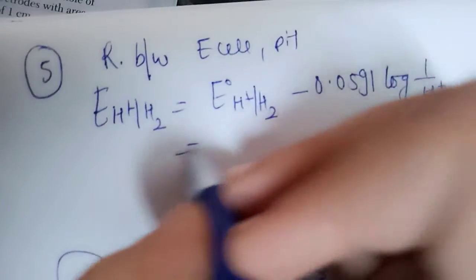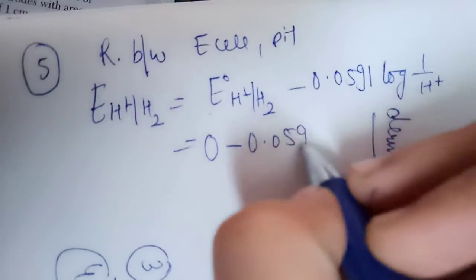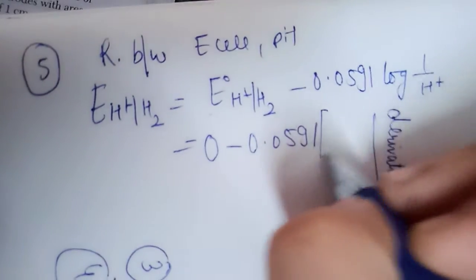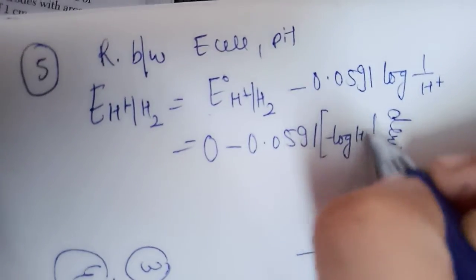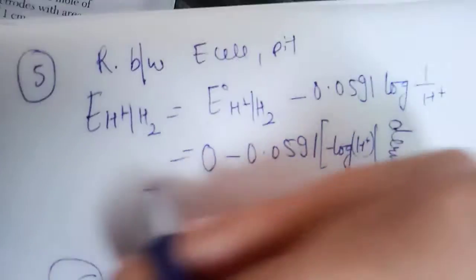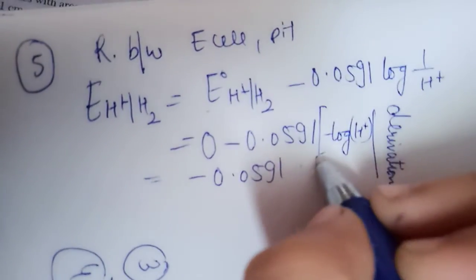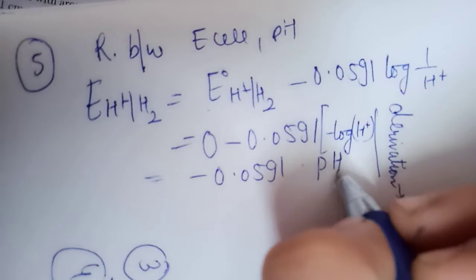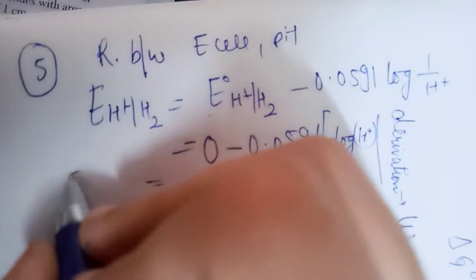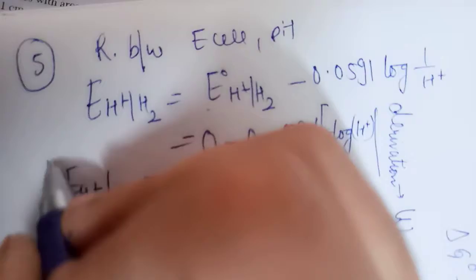And E naught for hydrogen is 0, minus 0.0591, and you can write it as minus of log H plus, and minus log H plus is written as pH. So this is the relation between E cell and pH.